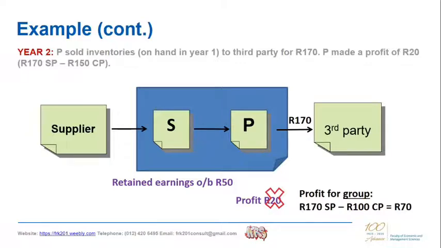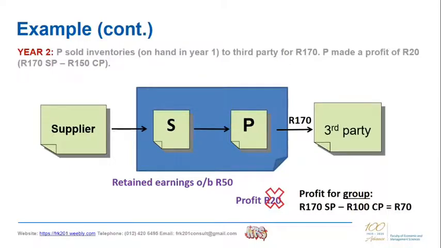Again, I need to write a consolidation journal entry to achieve a certain outcome. The outcome I want to achieve is to eliminate the 50 Rand still included in the retained earnings opening balance, so that my retained earnings opening balance of the group is equal to the closing retained earnings of the group of the prior year. And I want to recognize a profit of 70 Rand.